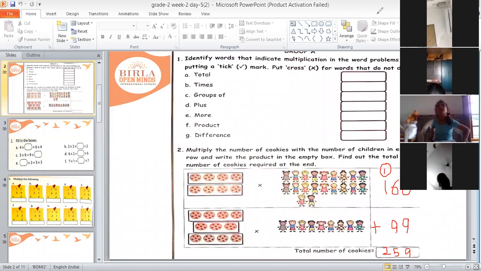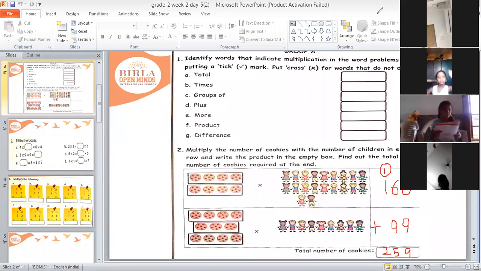Those who have completed, they can take out their math textbook and open page number 125. Children, take out your math textbook now. Open page number 125.